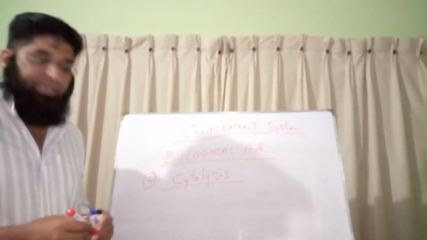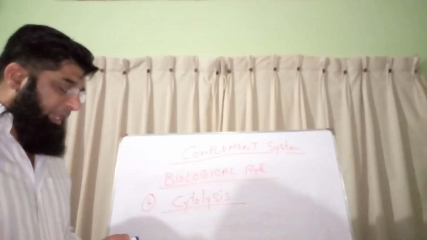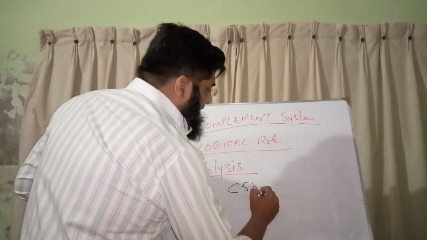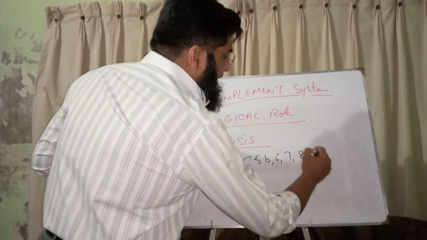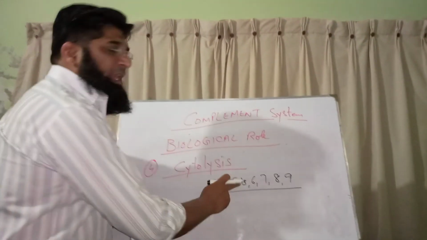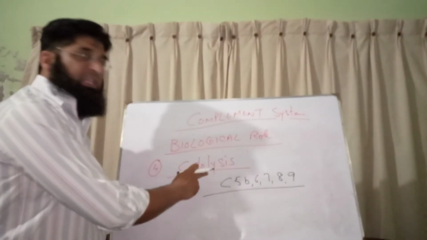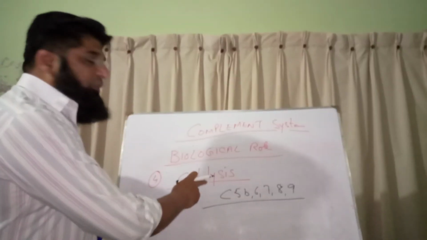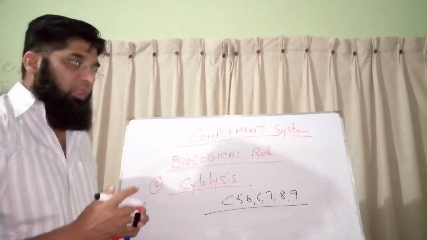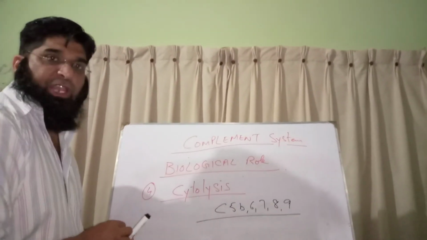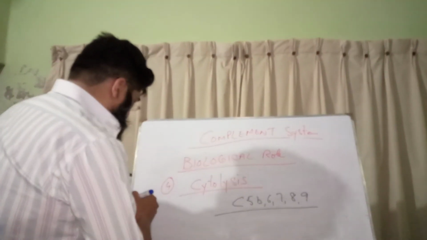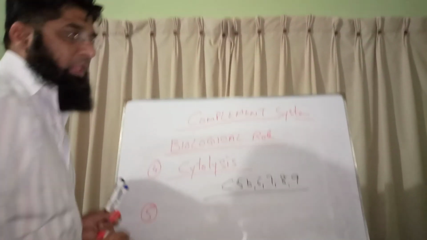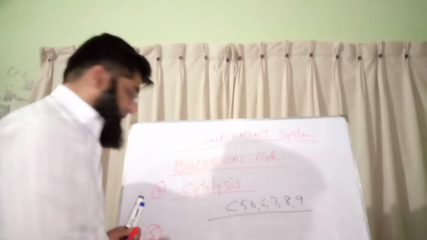As I have already told you, the membrane attack complex, C5b, 6, 7, 8 and 9, causes lysis or breakdown of the cell wall of different cells. Okay, the last function of complement proteins is antibody production.